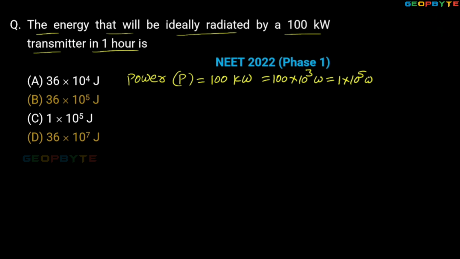Next, look at the time period. The time T equals 1 hour. This 1 hour equals 3600 seconds.